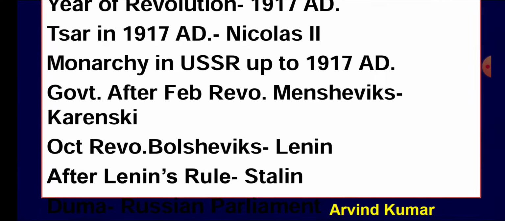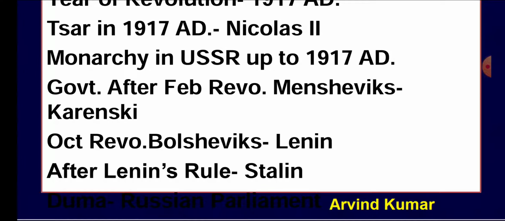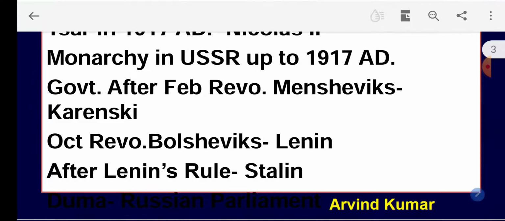And the second was Bolsheviks, led by Lenin, Vladimir Ilyich Ulyanov Lenin. It was his full name. It's a bit difficult to learn this name, but you can say Lenin only as a shortcut. After Lenin, Stalin ruled in Russia.